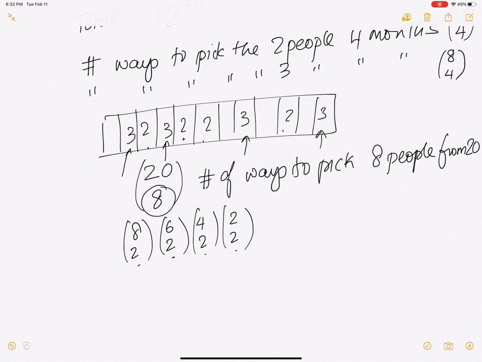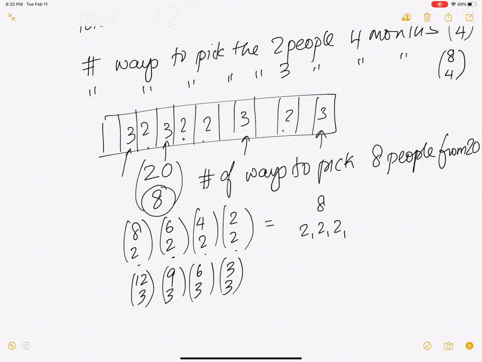The number of ways we could assign 3 people each to each of the 4 months will be 12 choose 3, 9 choose 3, 6 choose 3, and 3 choose 3. And you have to take a product, thinking of it as a multi-stage experiment. If you want, you could also call this 8 choose 2, 2, 2, 2, and you could also call this 12 choose 3, 3, 3, 3.